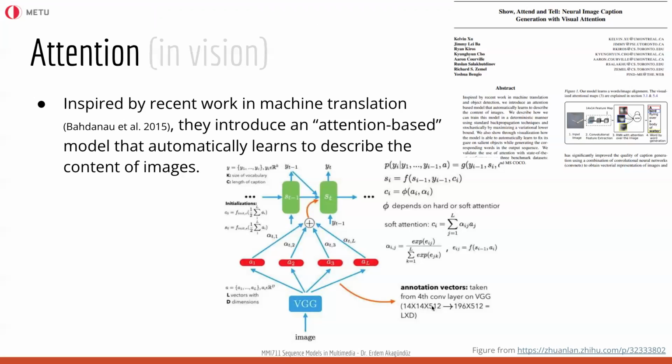So let's say the number of filters, 512, is D. And the number of vectors that represent different parts of the image is 14 by 14, which is 196. So I can create a set of vectors, L, which is here 196 vectors.